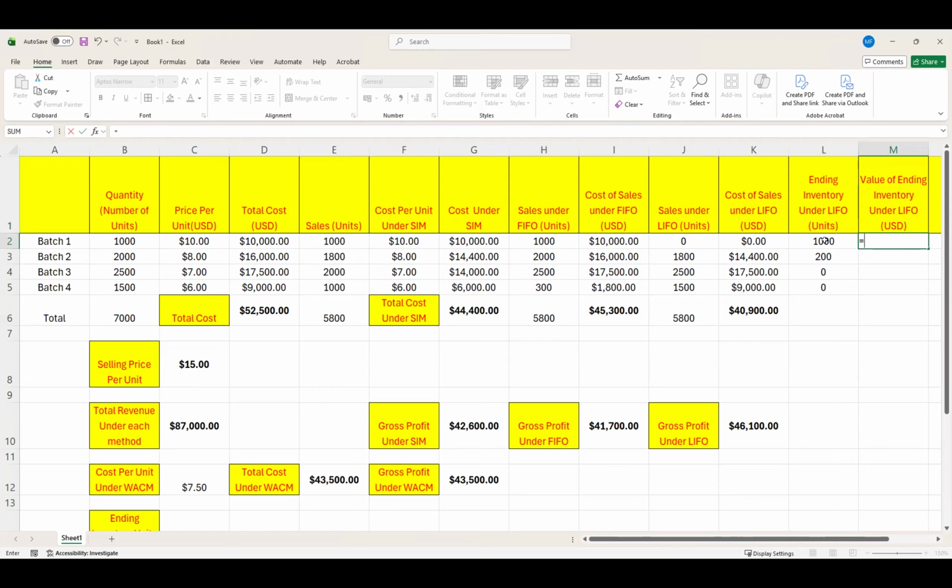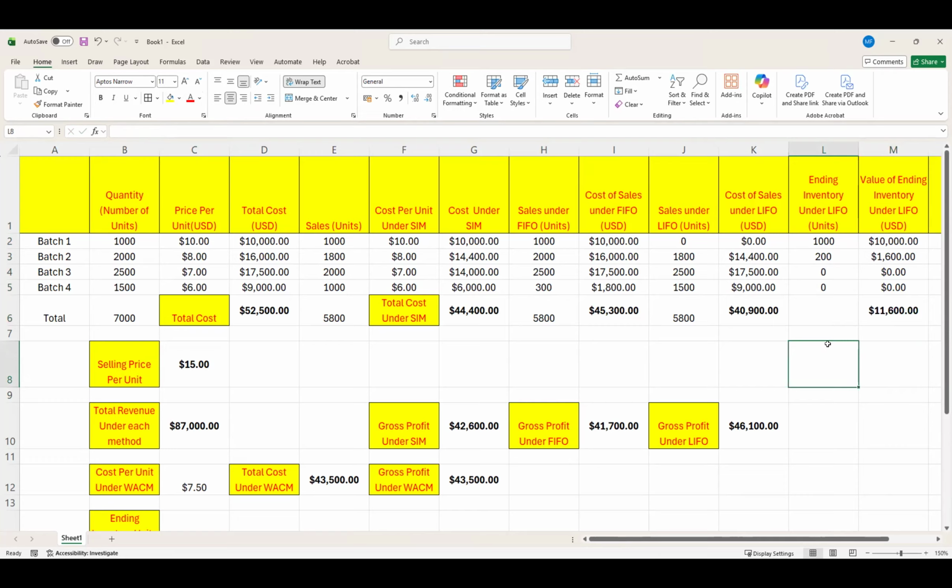M is already there, right? L, Karthik, right? L1, na? Right? So L2, in fact, in this case, because 1 is already the header row. So L2 multiplied by C2, right? So we are getting 10,000. Okay, so we drag, we get this much, and the sum of these four will be 11,600, which is expected.